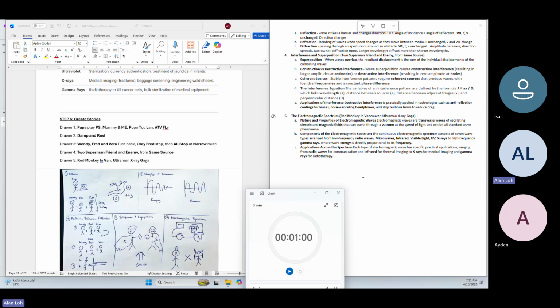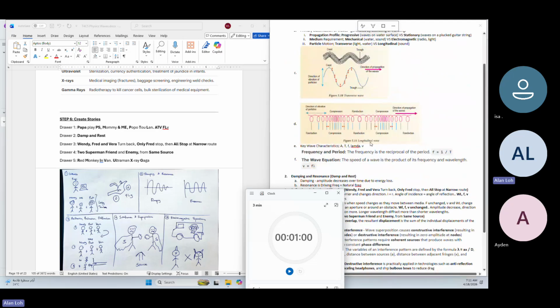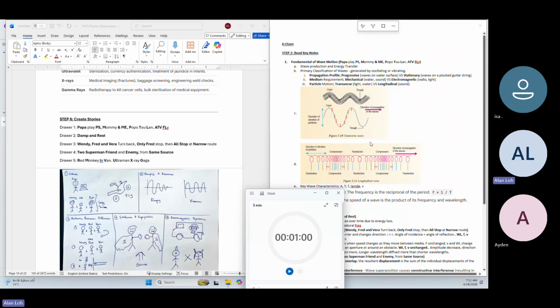So let's start with drawer 1. Drawer 1 is wave. Then I'm going to tell my teacher, let's say it's a lady, that wave is having for example here, the different classifications. Then there is a propagation profile, medium, and particles.